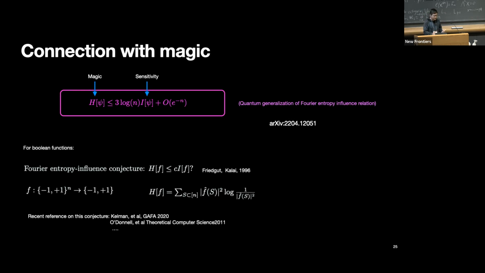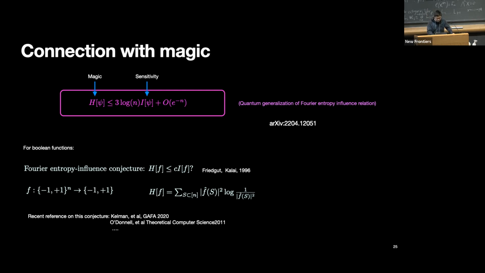Back to the classical case, for the Boolean function case, there's the Fourier entropy influence conjecture, which conjectures that the Fourier entropy of a Boolean function is upper bounded by the total influence or the sensitivity of the Boolean function up to a universal constant factor. Universal here means it is independent of n. Of course, there has been some recent progress on this conjecture, but it has not been proved yet.